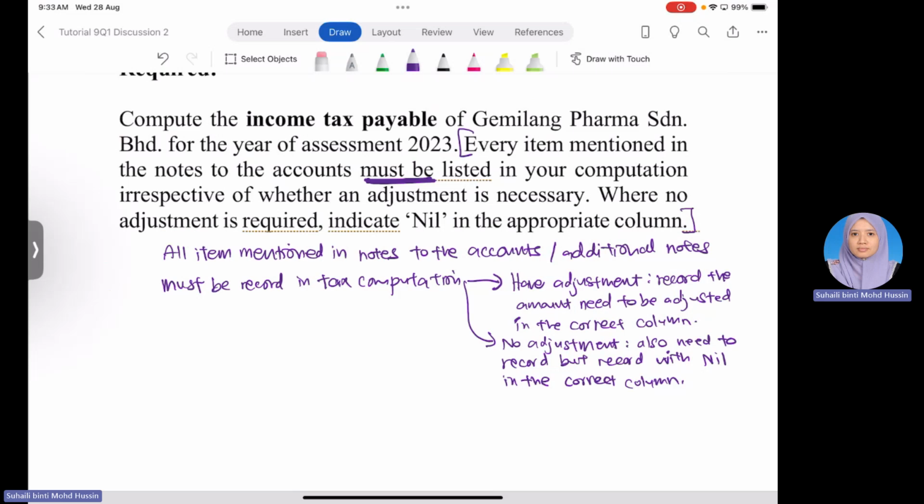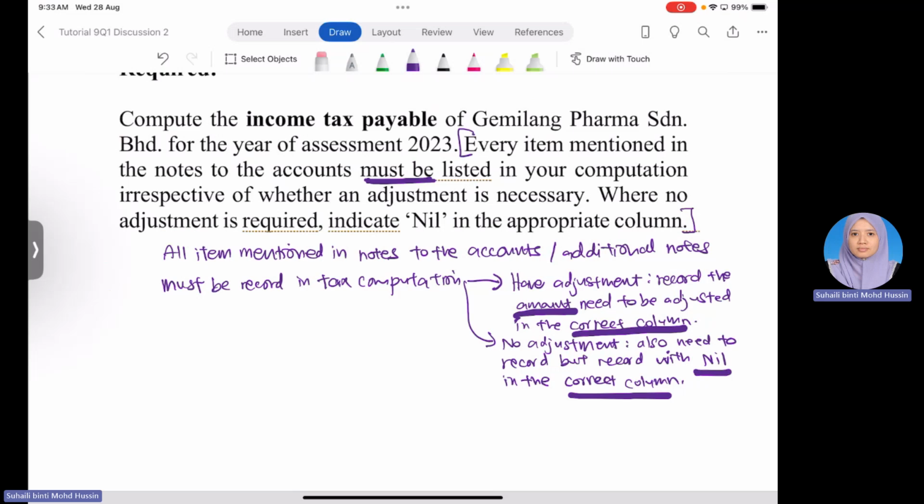If there is an adjustment, record the amount in the correct column. If there is no adjustment, you also have to record, but you record it as nil, to represent that there is no adjustment. Both you have to record in the correct column.